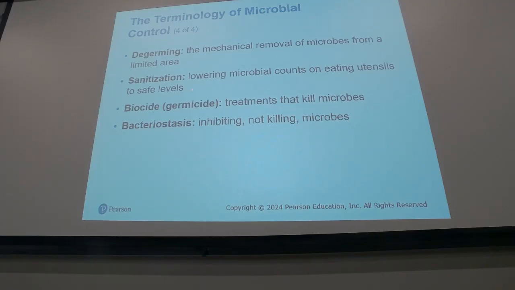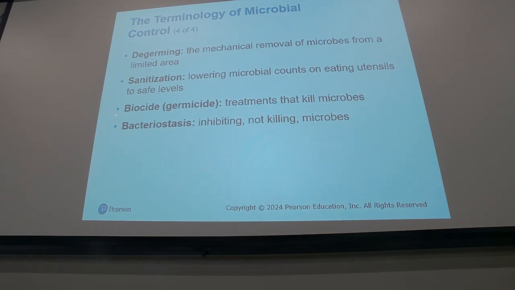And now the chemicals that we use to control microbial growth can be subclassified into two different types: the ones that kill the microorganisms and the ones that prevent the growth of microorganisms.